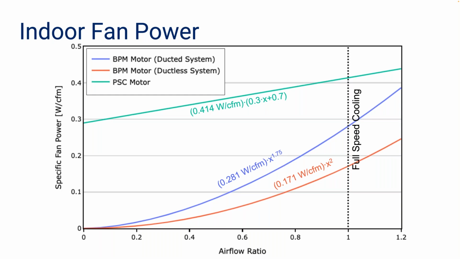All of the flow rates are proportional to the rated capacities. So a capacity ratio of 30% for cooling would mean that you're operating at this point, and depending on what fan motor type you have, you can then look up what fan power to assume for your rating.